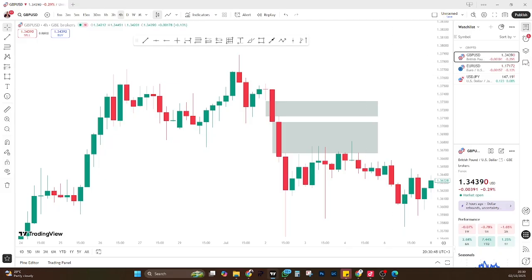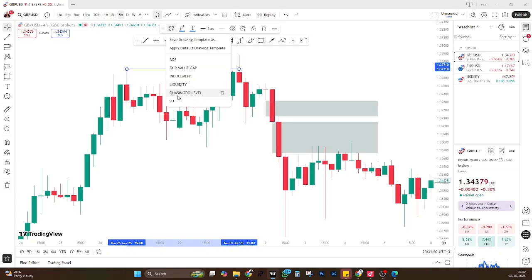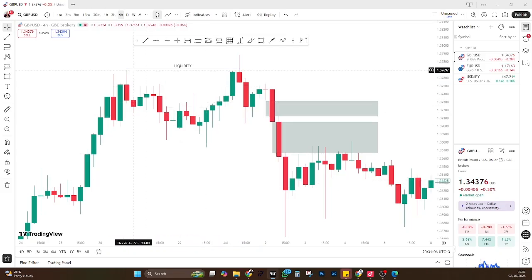Number two, it must have a fair value gap. Number three, it must take out liquidity. So someone was asking me yesterday, what is liquidity? Liquidity are the swing highs and the swing lows. So if you look at this, it took out this liquidity.